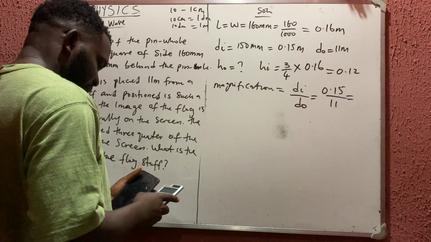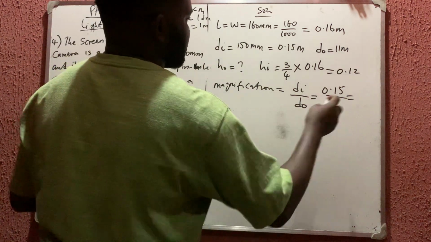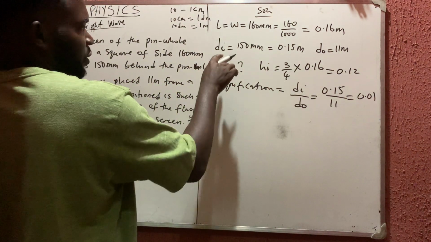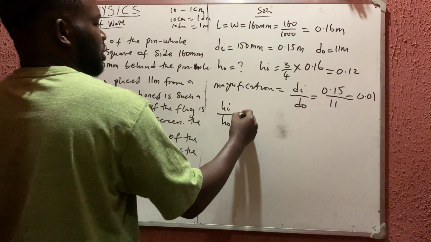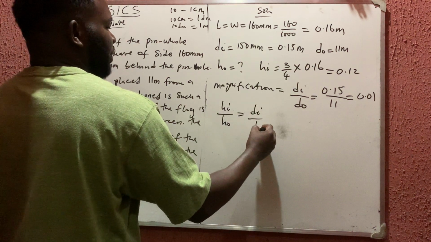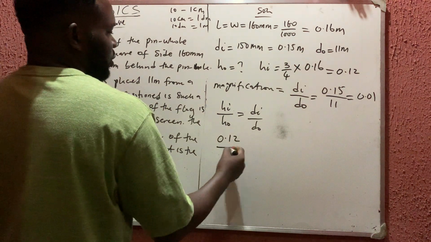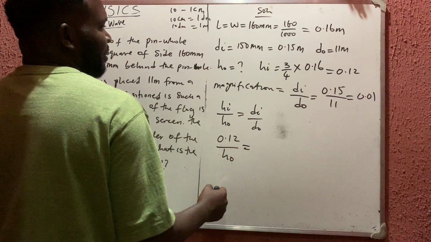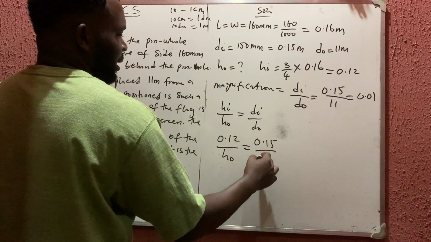But you know your formula to calculate your H naught: Hi over H naught is equal to Di over Do. So Hi is 0.12 divided by the H naught I'm looking for, equal to my Di, 0.15, divided by my 11.